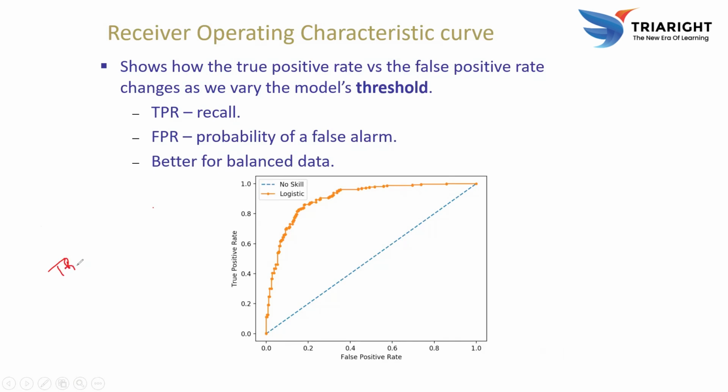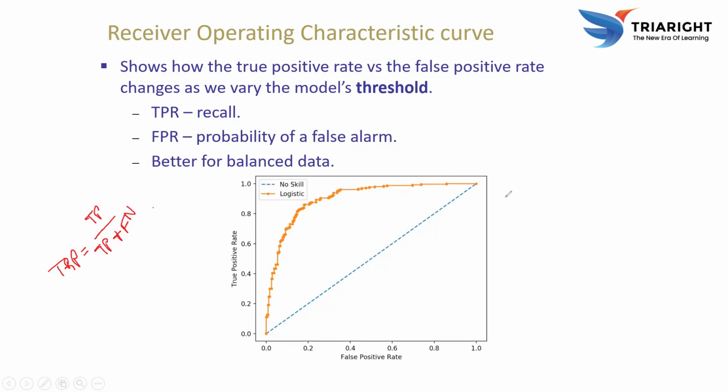So here we have the TPR. The TPR formula is TP divided by TP plus FN, that is, true positive over true positive plus false negative.